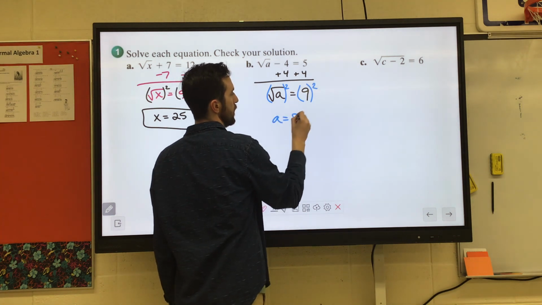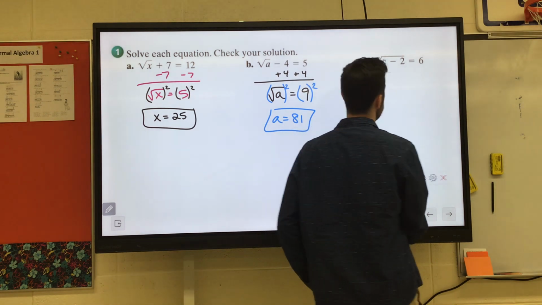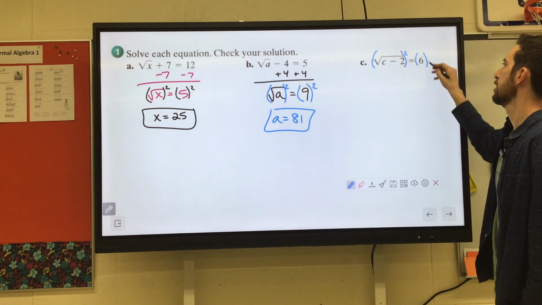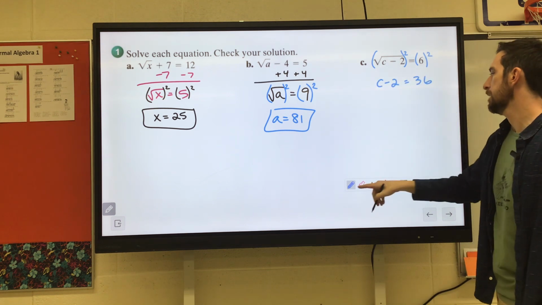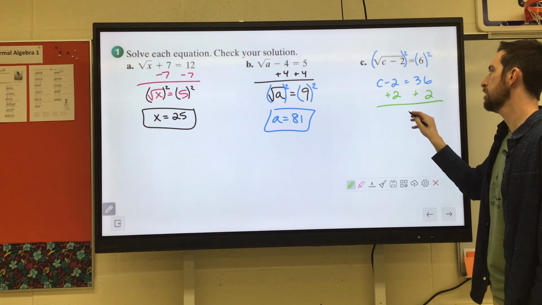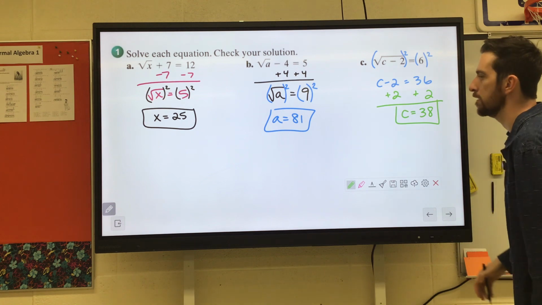A equals 81. Over here, we've already got it to the square root, so we can go ahead and square both sides. C minus 2 equals 36, and then we will add the 2 to both sides. C equals 38, and we're having fun.